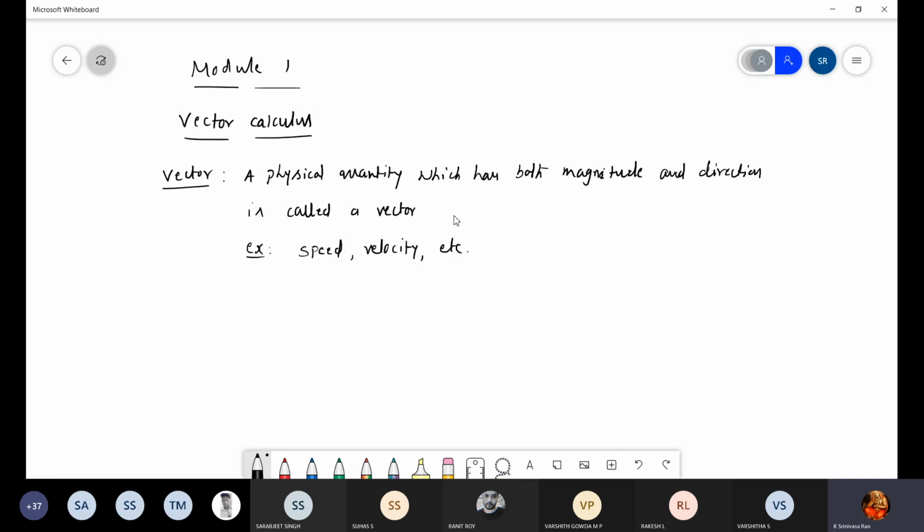Okay. Next, scalar. Same definition, which has only magnitude but no direction.